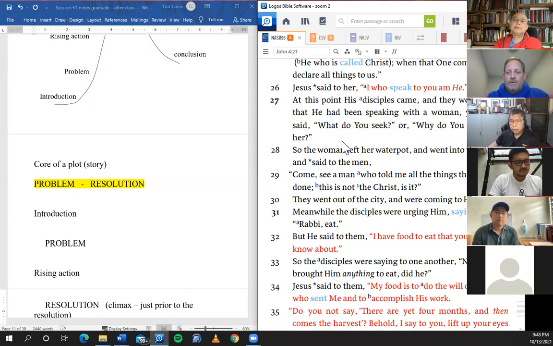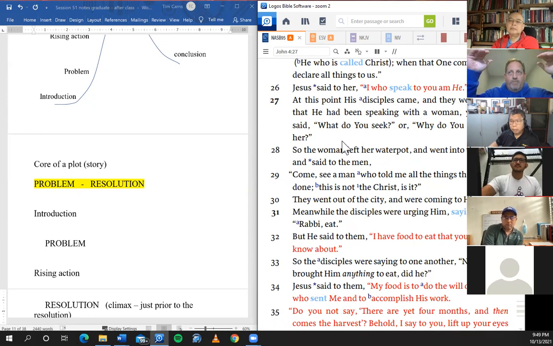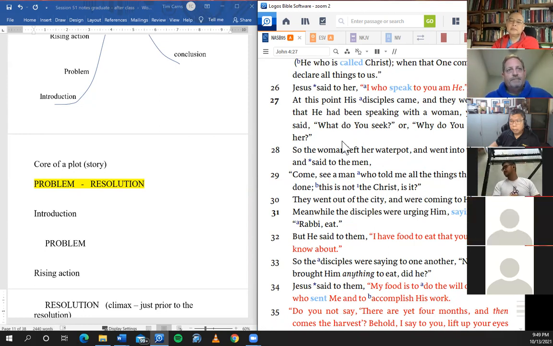That's why I add the element of a climax. Like David and Goliath, the peak there is right before the battle begins. All right, here we are, what's going to happen? The climax is usually short, just a verse or something, because it's right at the very precipice of this problem getting a resolution.